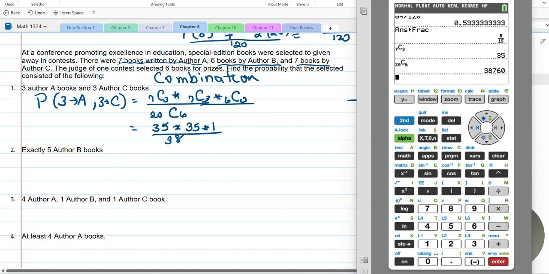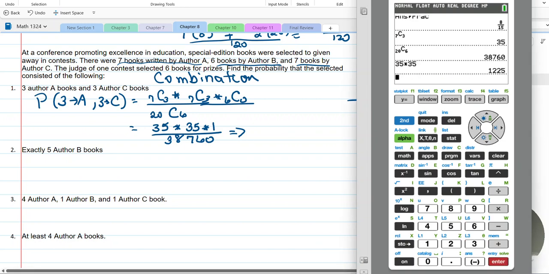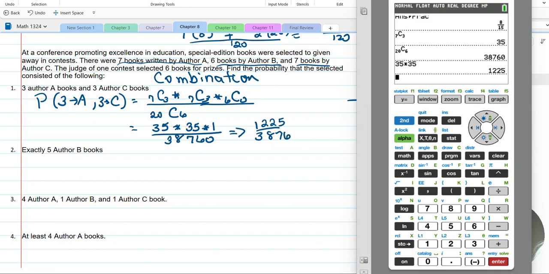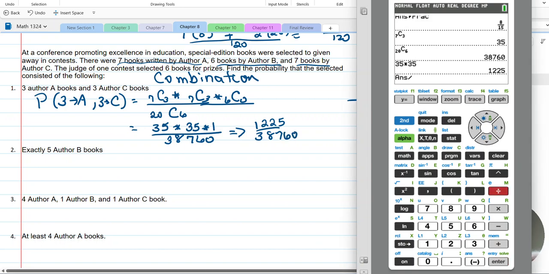And that would be 38760. All right, so let's do some math. 1225, and we're dividing by the 38760. And we need the decimal to 4 decimals.